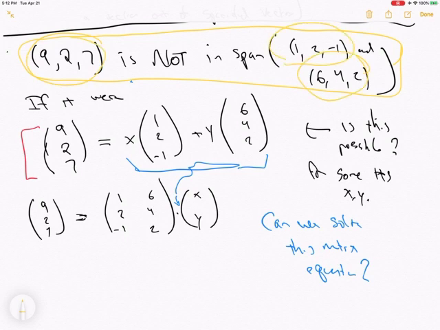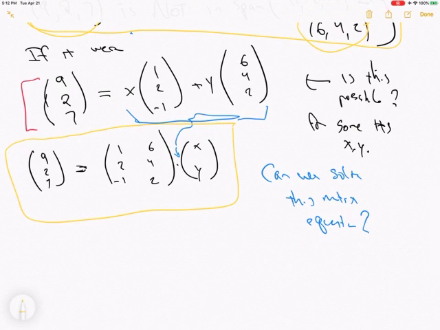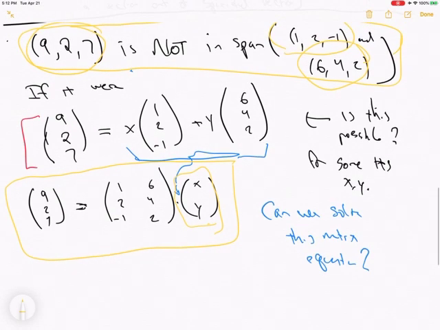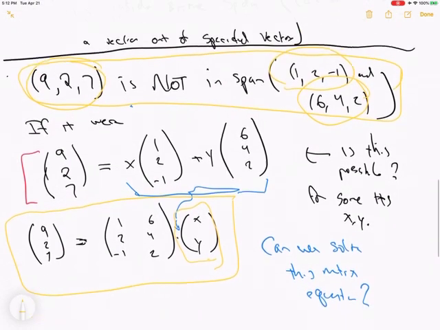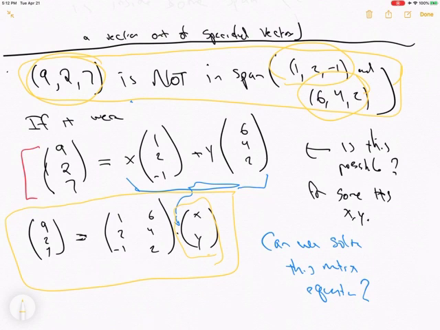We just rewrote that as a column, and we obtain this matrix equation. We're trying to solve for some unknown column matrix, a 2 by 1 matrix, and it comes down to seeing if we can find out what this 2 by 1 matrix is. I'll leave it to you to try to solve this, but the answer is no, you cannot solve it. So that is how you deal with these things.